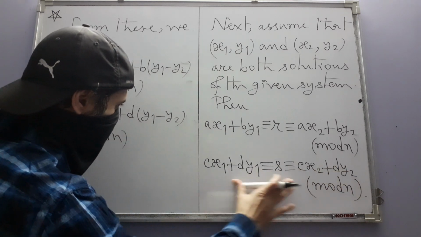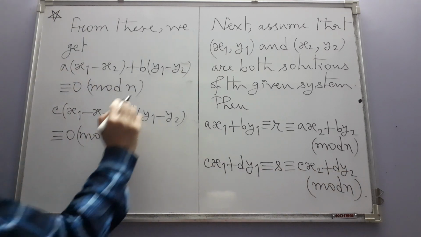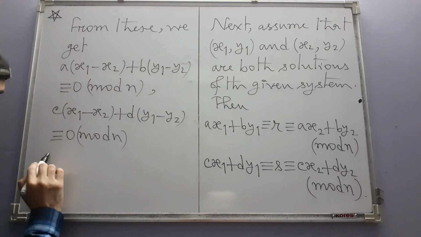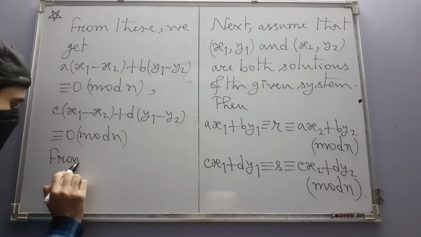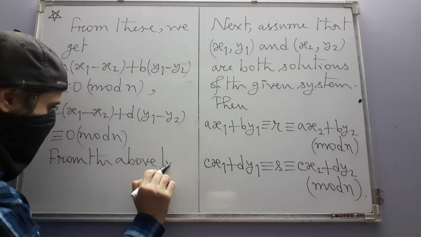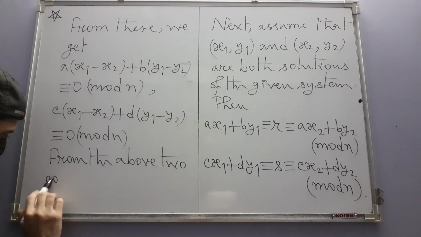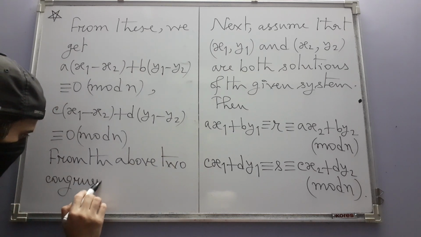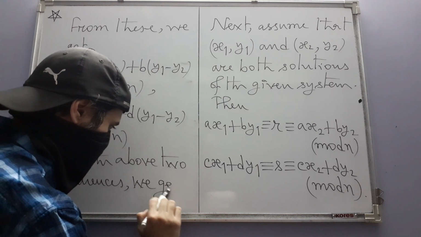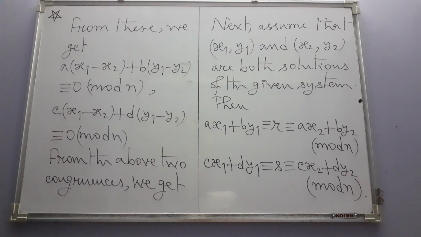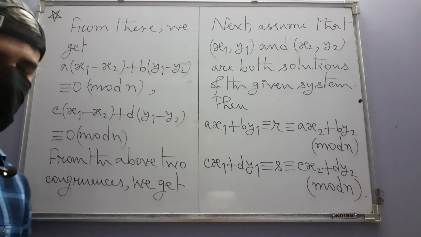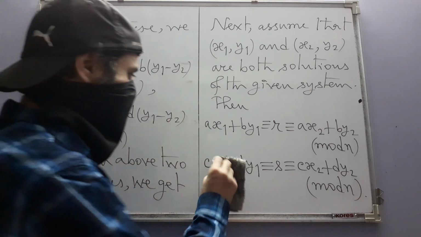Subtracting this one from this one. From the above two congruences, we then get, now from these two congruences also we can get a similar thing.